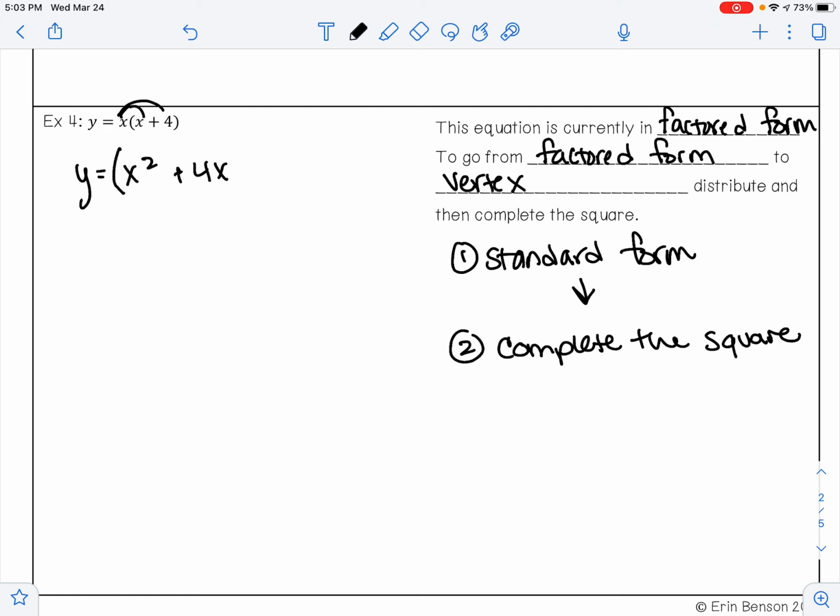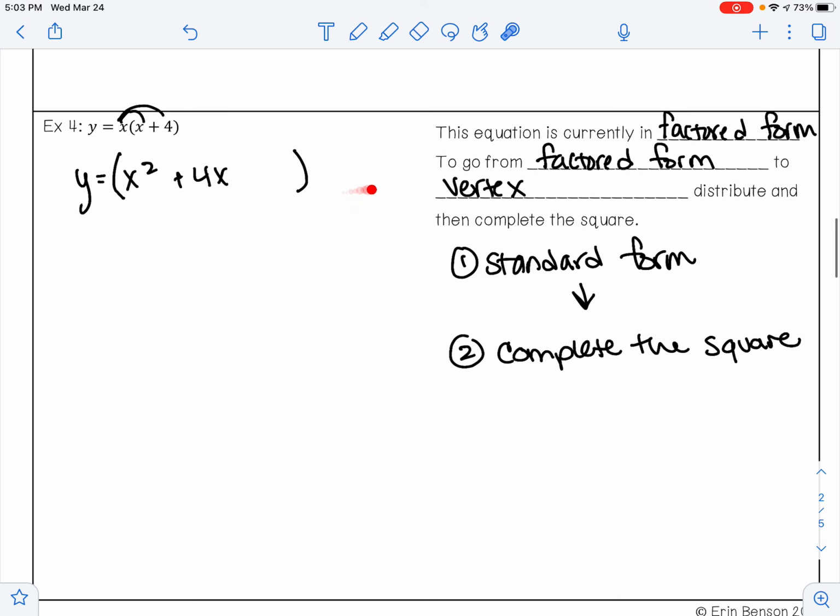I'm going to put my x's inside parentheses. Now I don't have an extra constant here to add to the outside over here. So it's just going to stay blank for now. When I find the number that completes the square, I'm going to add it to the inside of my parentheses, and I'm going to subtract it on the outside of the parentheses.